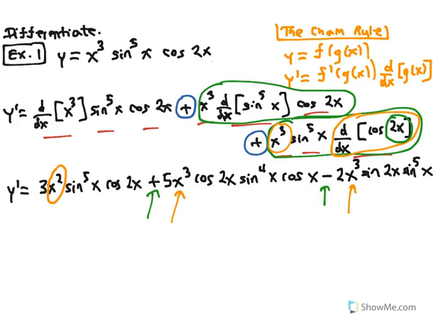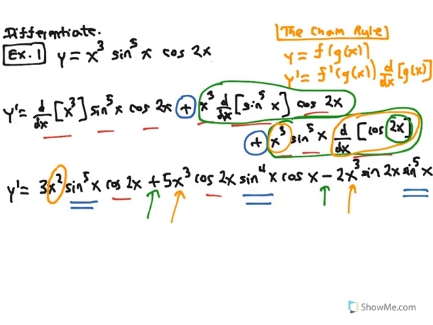I have cosine of 2x here, and I have cosine of 2x for the second term, but not for the third term, so that's not common. It appears that maybe I have sine to the fifth x here, sine to the fourth x here, and sine to the fifth x here. So it looks like sine to the fourth x is common to all 3 terms.